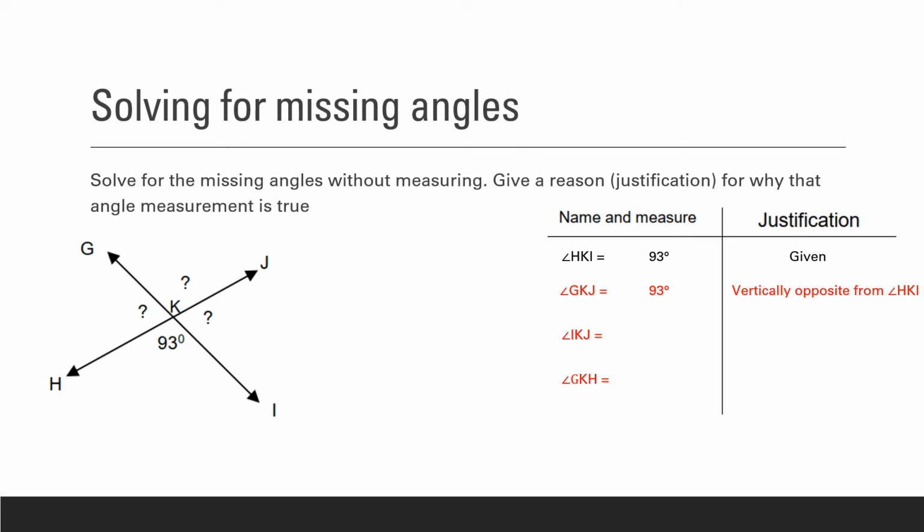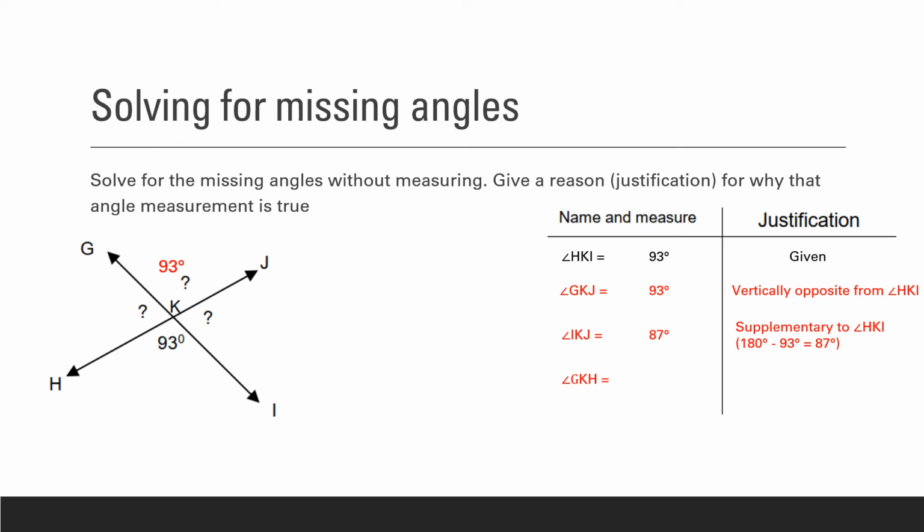The next one I'm going to do is IKJ. So IKJ is on the right-hand side. And I know that the answer to that is 87 degrees. And the reason I know that is because of another property that we learned called supplementary angles. If you remember, a supplementary angle is when you know that a straight angle, like we have when we look at H all the way to J, measures 180 degrees, and we know a part of it, 93.